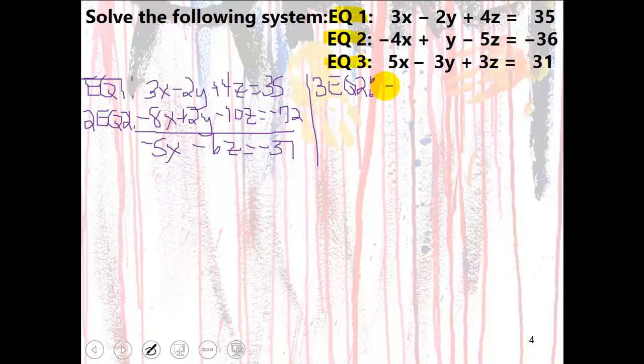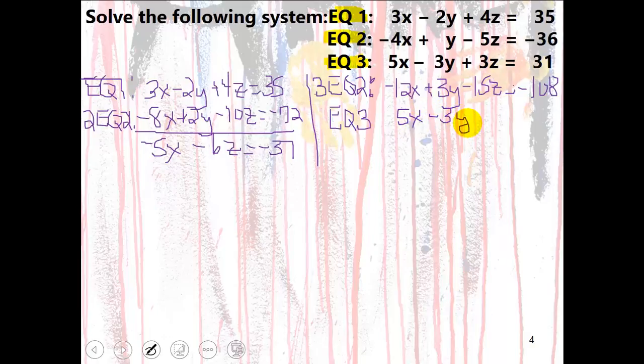I get negative 12x plus 3y minus 15z is equal to negative 108. I went 3 times equation 2. And I'm going to add it to equation 3. And that leaves me 5x minus 3y.